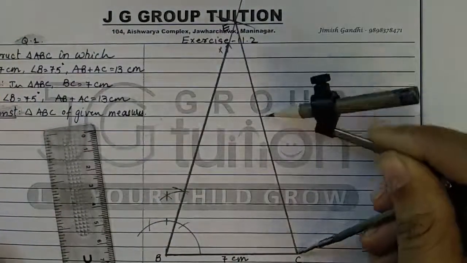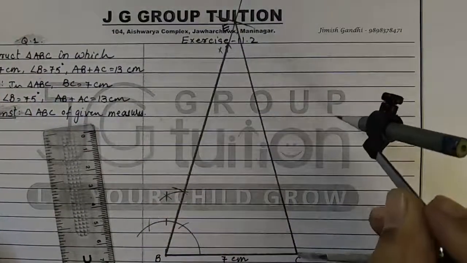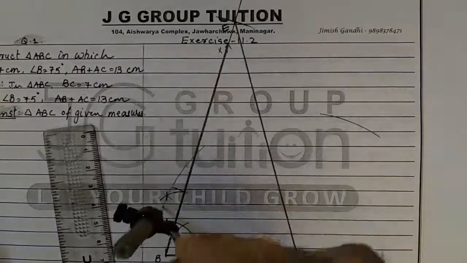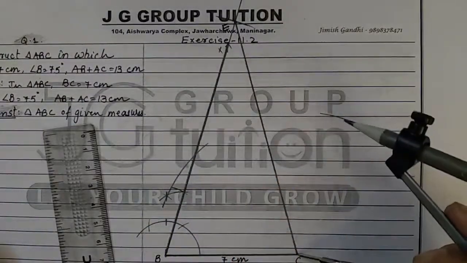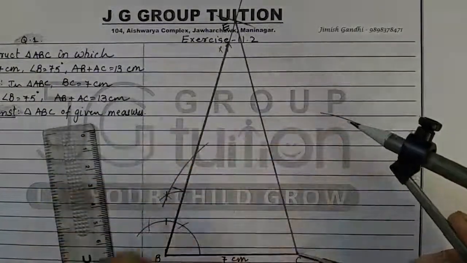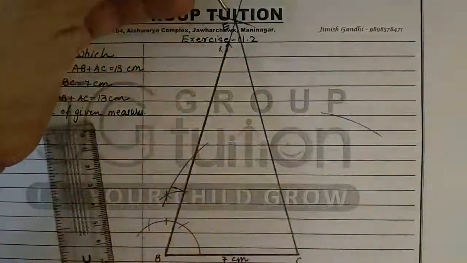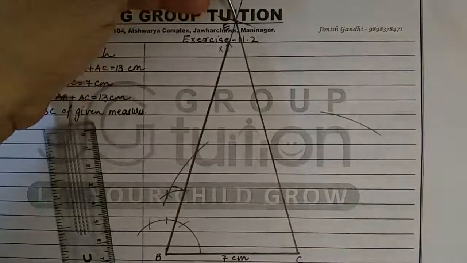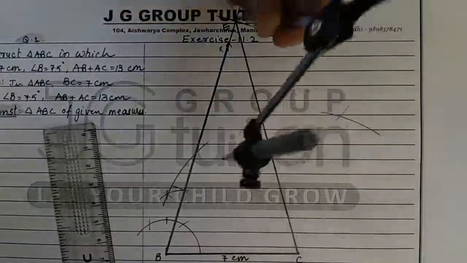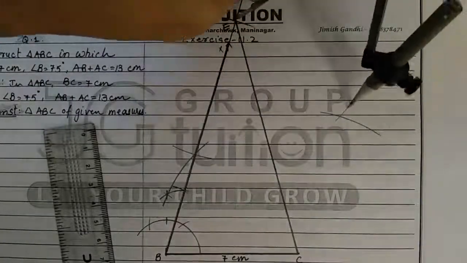From point C we draw an arc on this side and an arc on the other side. Remember that the length you have taken should not be changed. Keeping the same radius, from point E we draw arcs, and both arcs intersect each other.